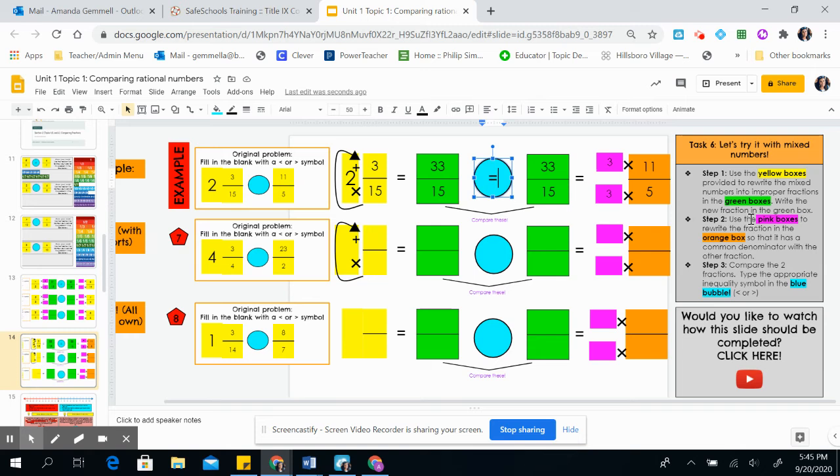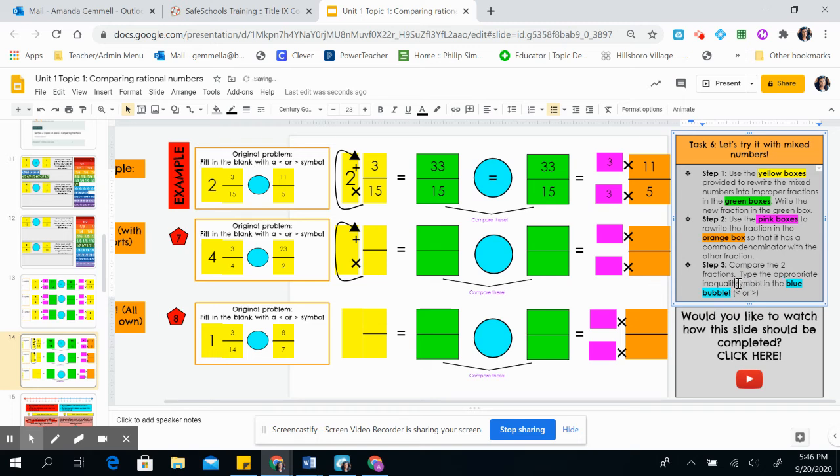Step 2, use the pink boxes to rewrite the fraction in the orange box so that it has a common denominator with the other fraction. So we use the pink boxes to multiply the numerator and denominator to make sure that both of our fractions had common denominators. Okay, step 3, compare the two fractions. So those are seen here, and type in the appropriate symbol.